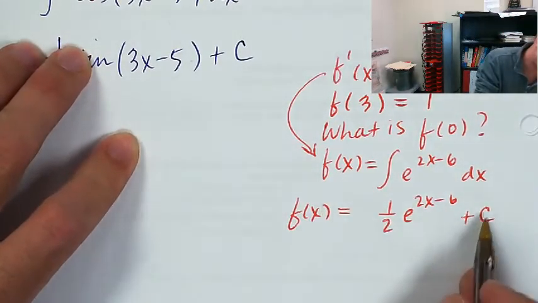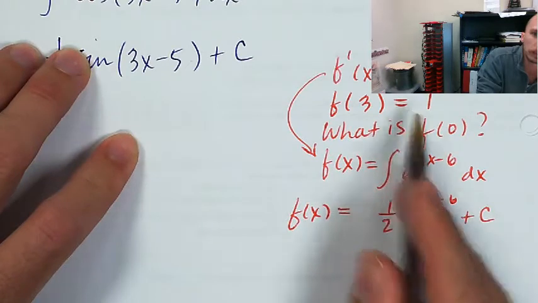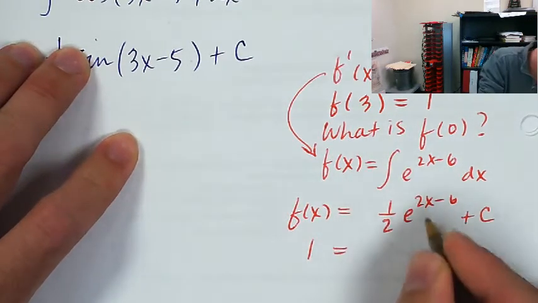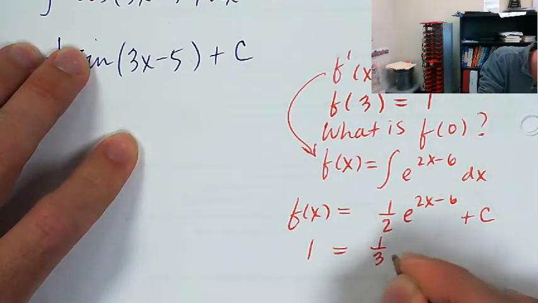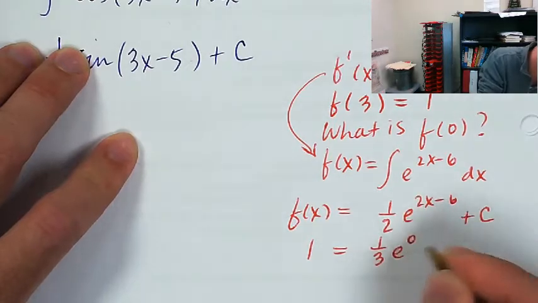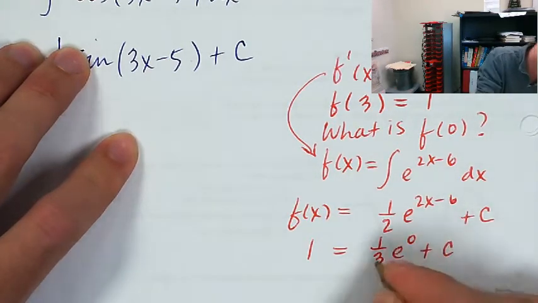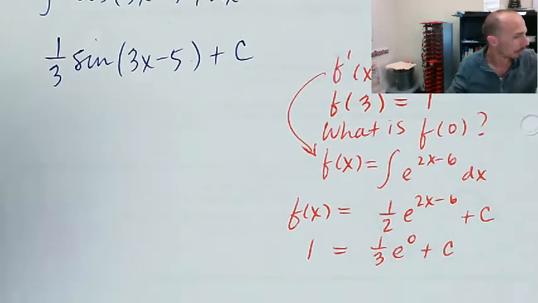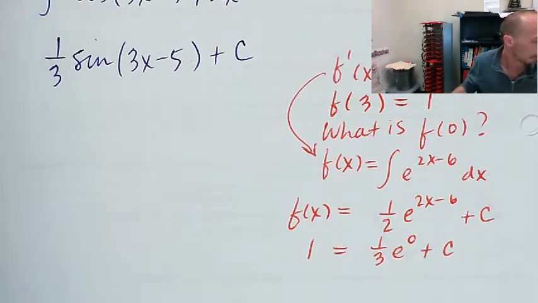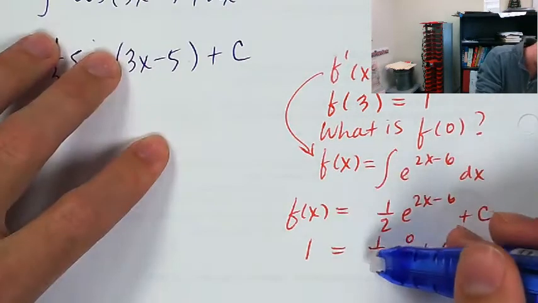Now I'm going to use my initial condition to find the value of c. f of 3 is equal to 1, so f of x equals 1 when x is equal to 3. 1/2 e to the 6 minus 6 is e to the 0, plus c. I said half and I wrote a third. Get that eraser out. Okay, so it's 1/2.